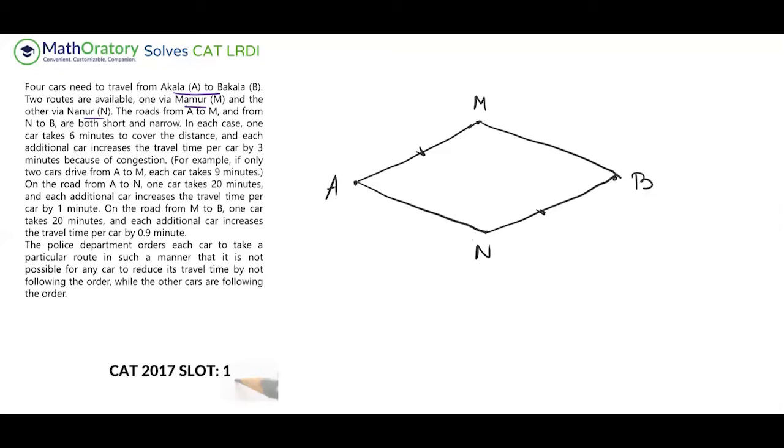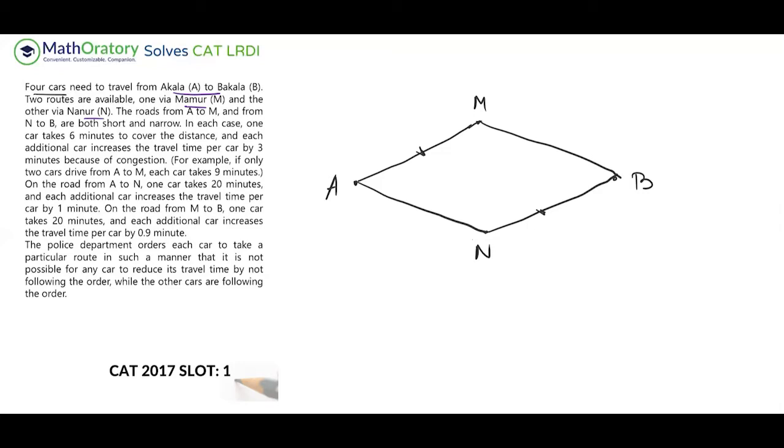And we have 6 minutes. So one car takes 6 minutes to cover the distance. And there were a total of four cars, right? So 6 minutes to cover the distance, and each additional car increases the travel time by 3 minutes. So let me mark it in this way.